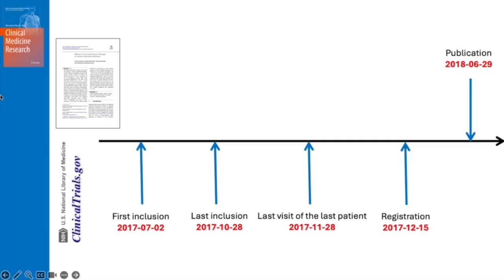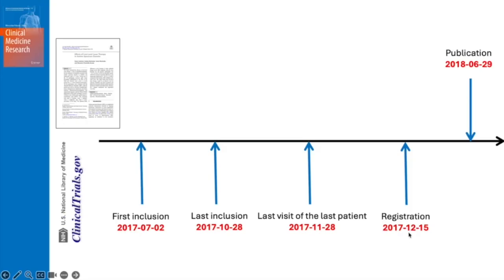You can see that the first inclusion was in 2017, and the registration was also in 2017. But if you look at the months, the first inclusion was done in July, the last inclusion in October, and the last visit of the last patient one month after, because it was a one-month follow-up, so it's pretty expected, in November the same year.